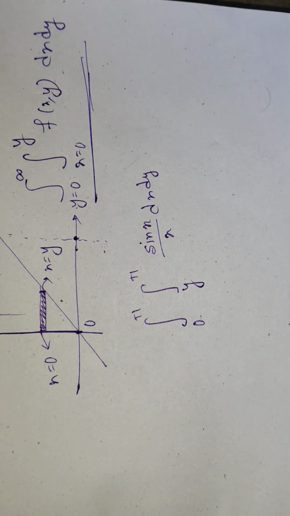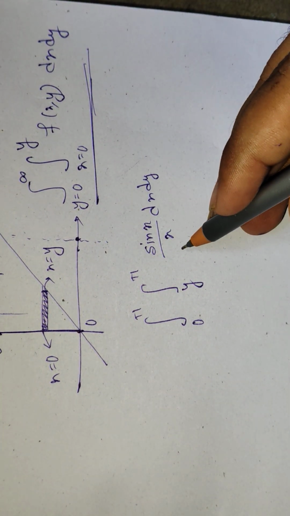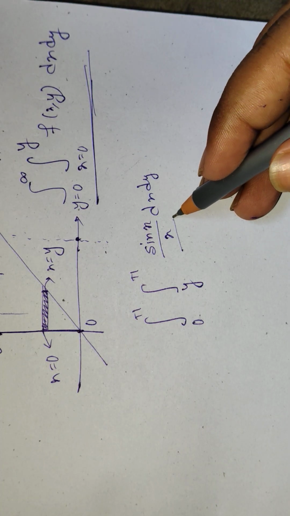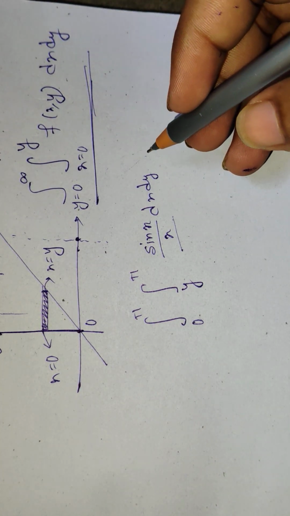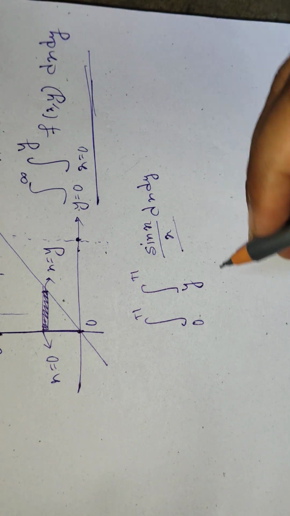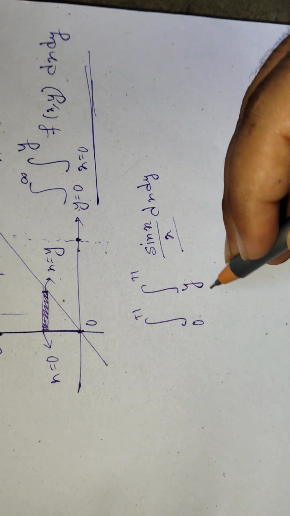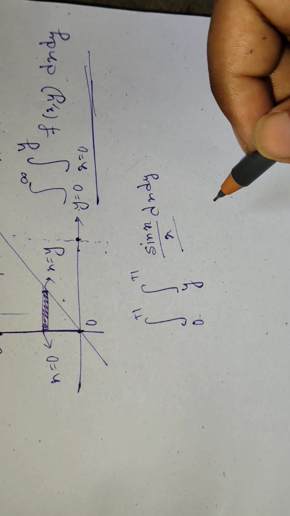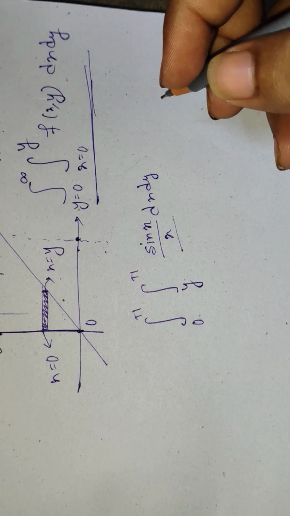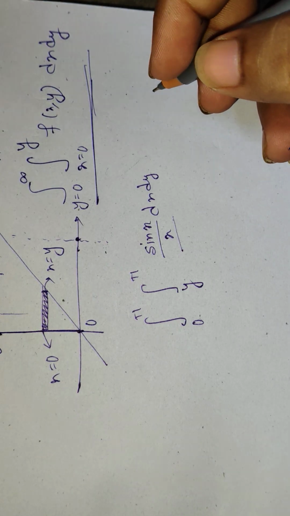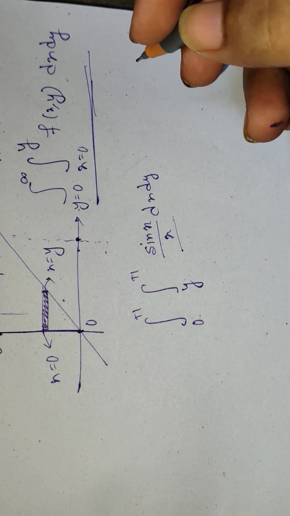So in that question you can see I have given the function sin x by x, and you know it is not integrable. The first variable is x by the limit you can see here. So how can we solve that integration? For solving that, let's use a simple trick which is called change of order of double integral.